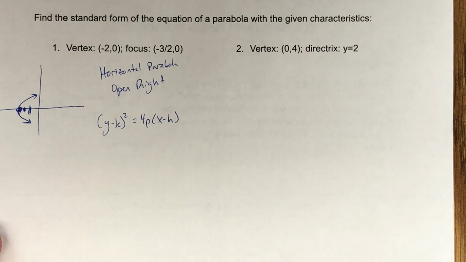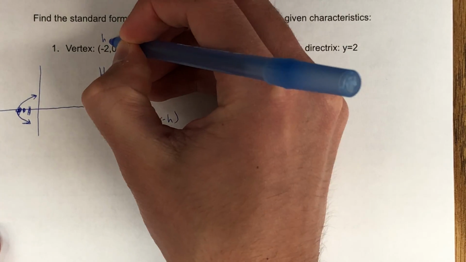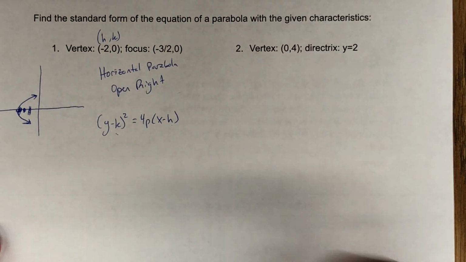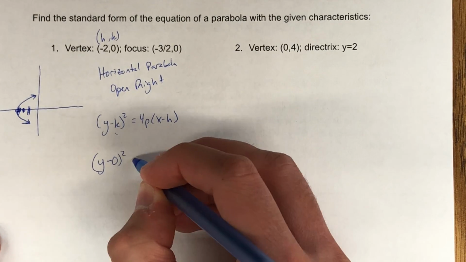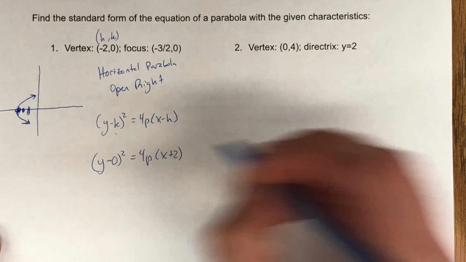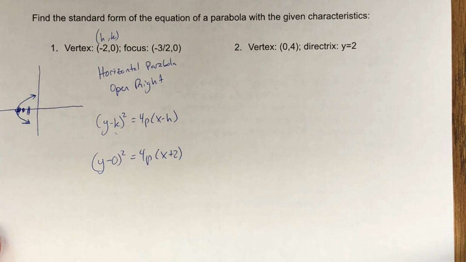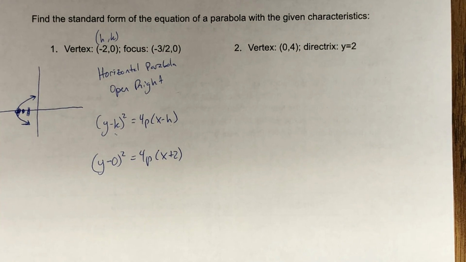So we need to figure out h, k, and p. Well, the vertex is h and k, which is nice. So our k would be 0, so we have y minus 0 squared equals 4p times x minus -2, which would be plus 2. And we need to figure out p. Remember, your p value is the distance from your vertex to the focus.